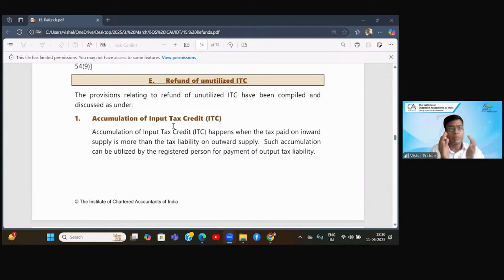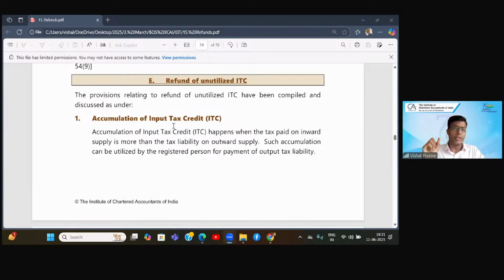No calculation required. But when it is about ITC, there is a possibility that this ITC, or I'll now use the words the inputs and input services which are coming to my business, are being utilized for both types of supplies. One which is eligible for refund, one which is not eligible for refund. In such a scenario, whatever ITC I'm having, the entire ITC is not eligible for refund because this entire ITC balance is utilized for both.